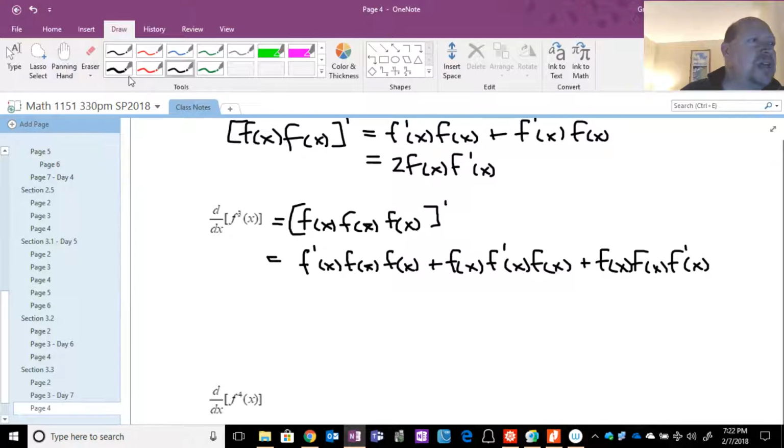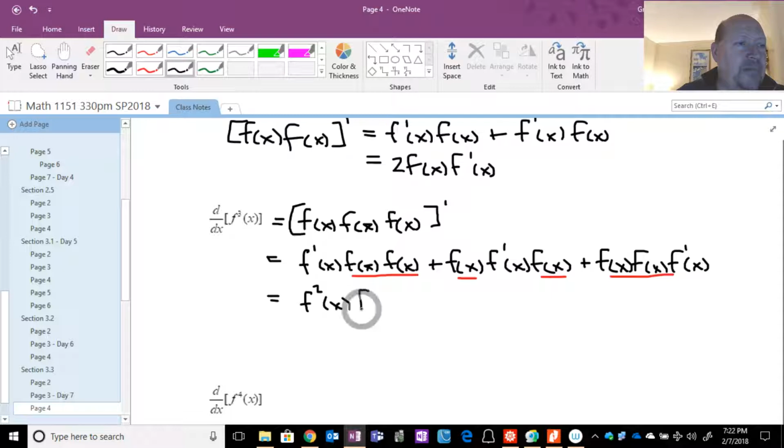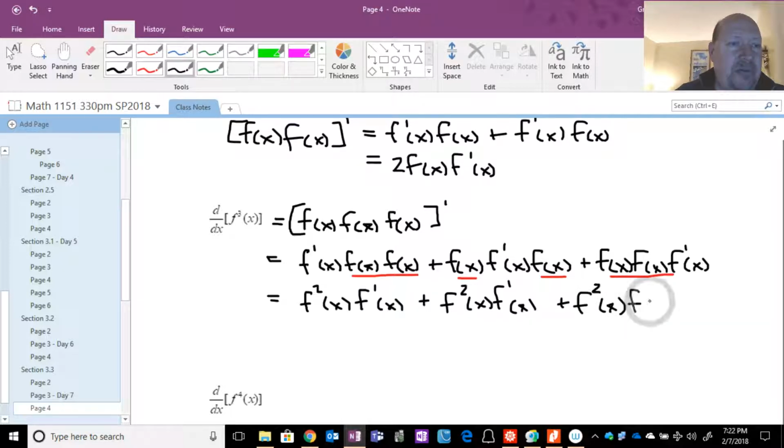To simplify, this first term has 2 of the f of x's multiplied together, and here's 2 of them, and then here's 2 of them. That's really f of x squared, right? So the first term simplifies to f squared of x times f prime of x, and so do all the others: f squared of x, f prime of x, and lastly the same thing, f squared of x times f prime of x.